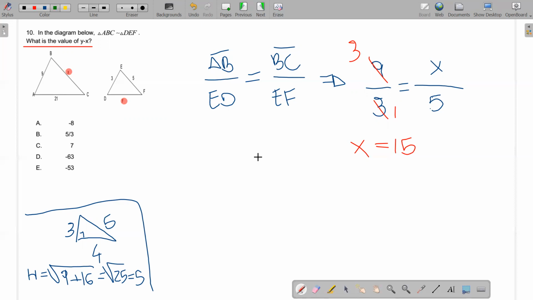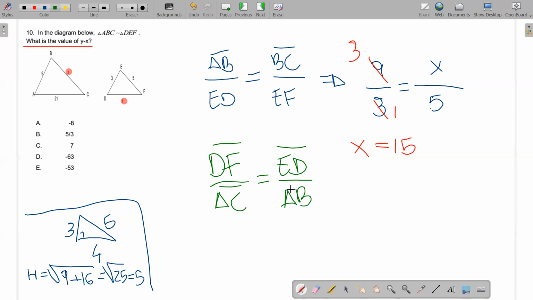I can say that DF is equal to AC, and I can use again AB over, the only thing is that now I need to flip it, ED over AB, right?